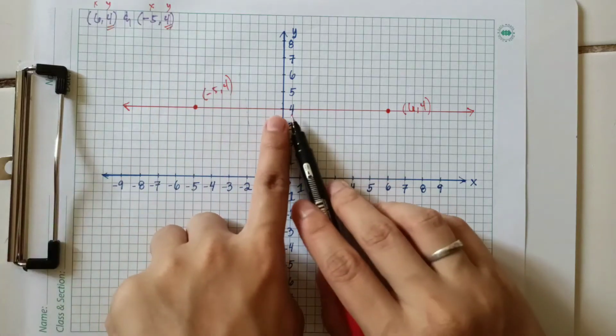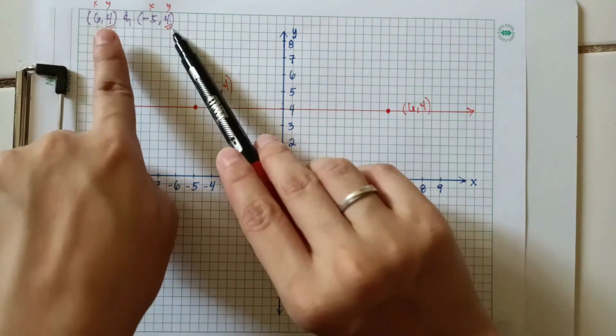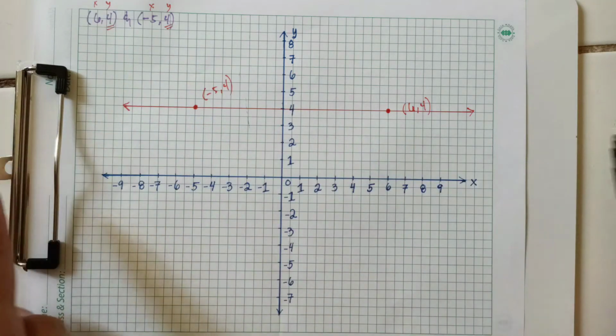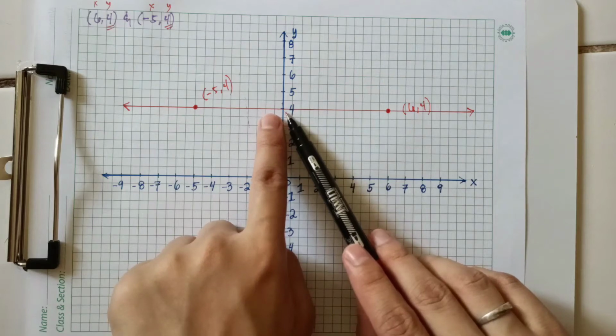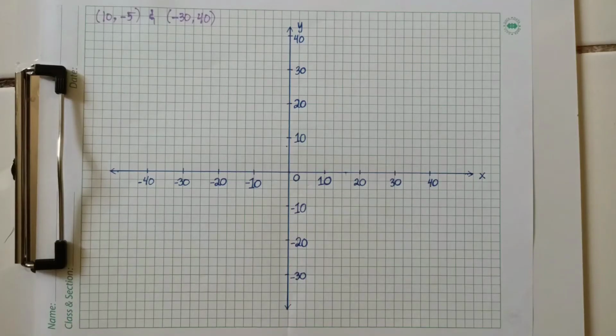So, ibig sabihin, tatama siya sa 4 dun sa y. Okay? So, yun ang palatandaan. So, kapag pareho ng y, dapat yung line natin tatama sa mismong 4 sa y-axis. Okay? Kaya siya naging horizontal line. Alright? So, that's for number 3. Right? And we are down to our last example this time.